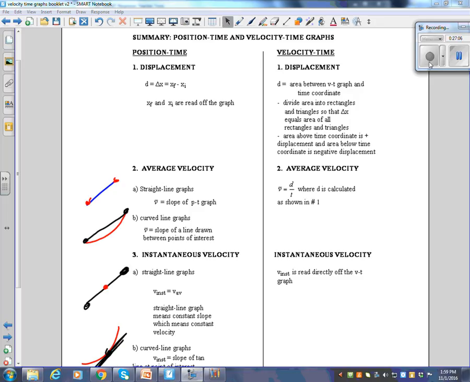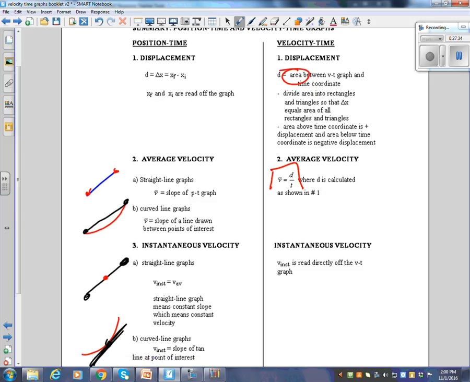Okay, if you have a velocity time graph, Calvin, here's the rules. If you have a velocity time graph and you're asked to find displacement, what do you do? You find the area. Remember that above is positive, below is negative. If you're asked to find average velocity, you use the formula V equals d over t.